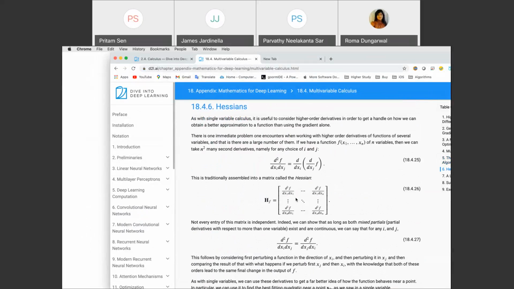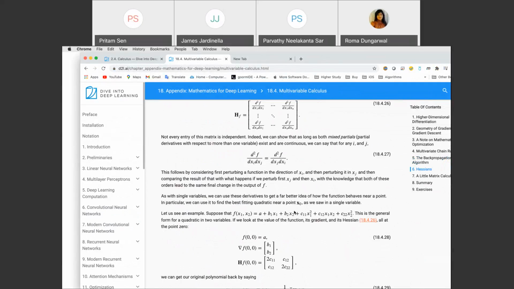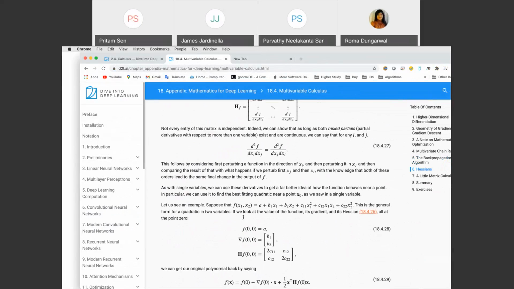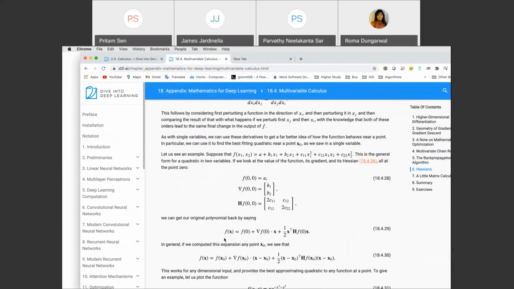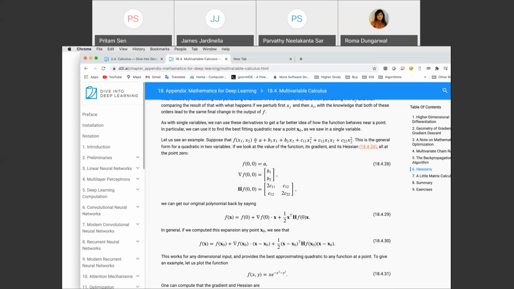So here the concept of the Hessian matrix is shown. There is one example that actually proves the equation. There is a function of 2 parameters. Then we know the value of the function at 0, 0. We can calculate the gradient at 0, 0. First we calculate the gradient and then we put 0 for x1 and x2.